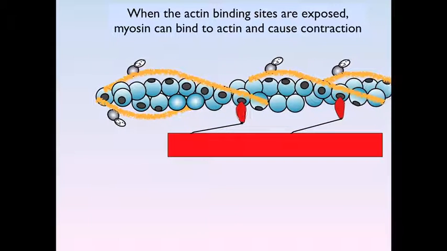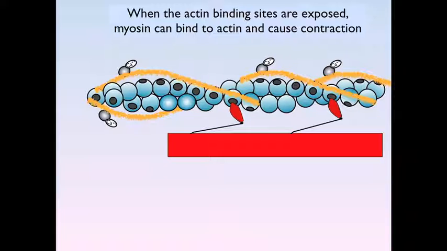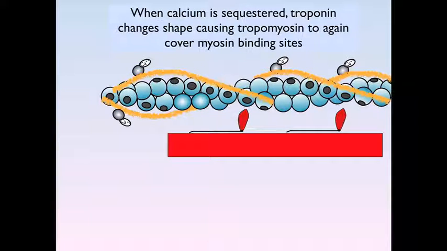When the actin binding sites are exposed, myosin can bind to actin and cause contraction. When calcium is sequestered back into the sarcoplasmic reticulum, as we shall see, troponin changes its shape again, causing the tropomyosin to once again cover the myosin binding sites.